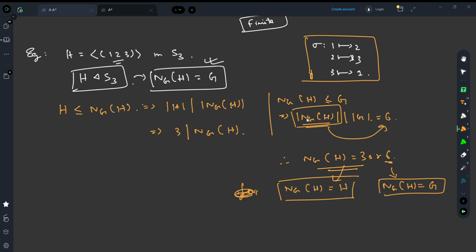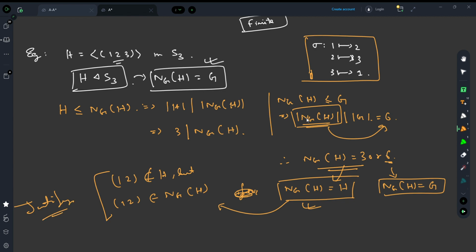If I consider the first case, there's a very trivial observation that the cycle (1 2) is not in H, but it is in the normalizer. You can verify this on your own; it's a very obvious verification. If you just remember what the normalizer of a set in G is by definition, then you will surely understand the logic behind this.